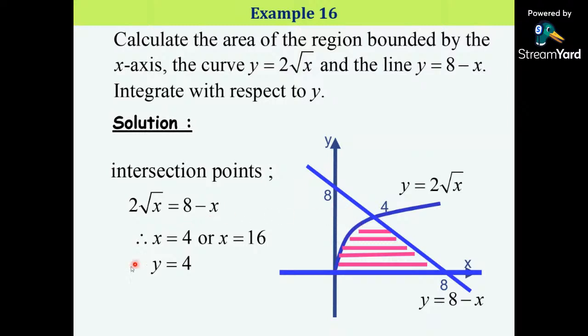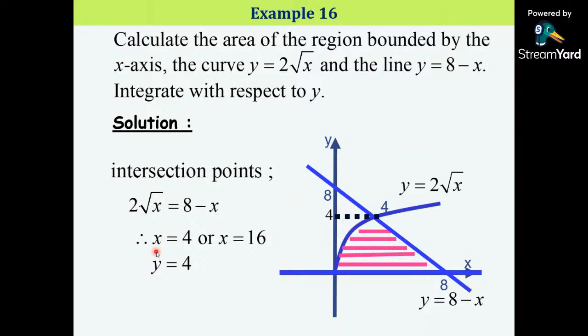Okay, again when I repeat, di sini ada 2 jawapan jika awak lukis parabola yang penuh. Tapi memandangkan ini hanyalah square root function dan kita hanya ambil bahagian yang positif, maksudnya kita hanya lukis bahagian atas. So 4 sahajalah diterima, 16 tidak diterima. Okay, so now here we have the y intersection at 4.